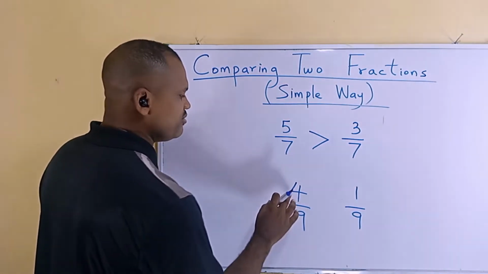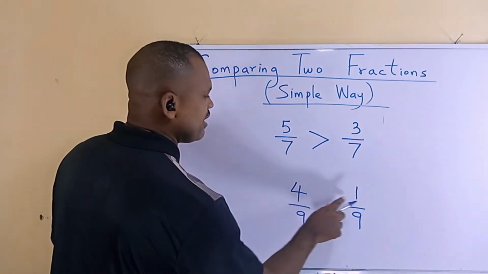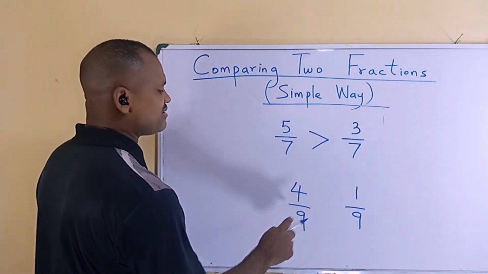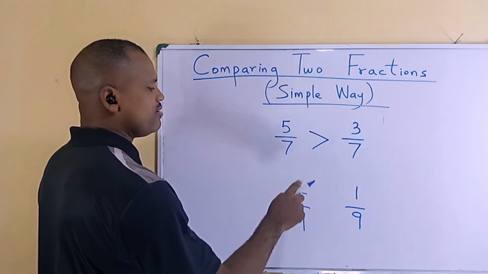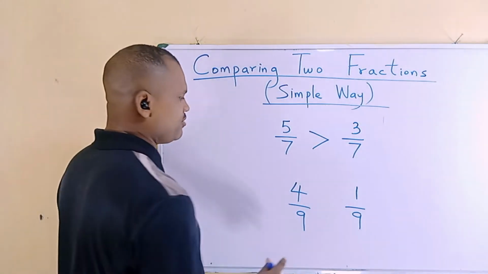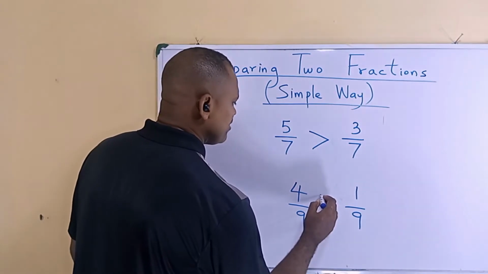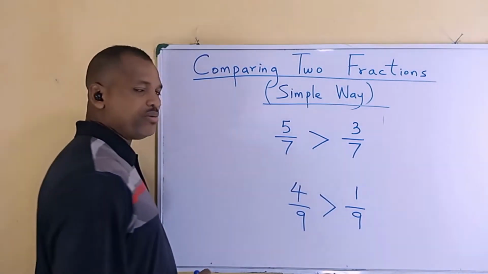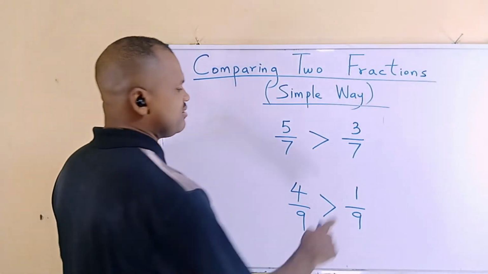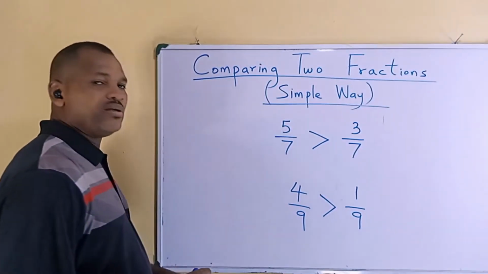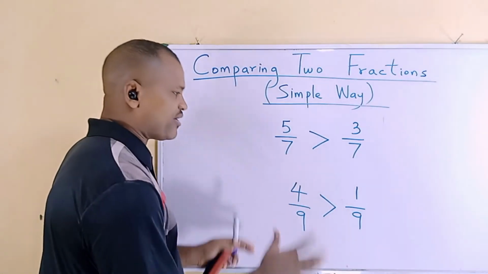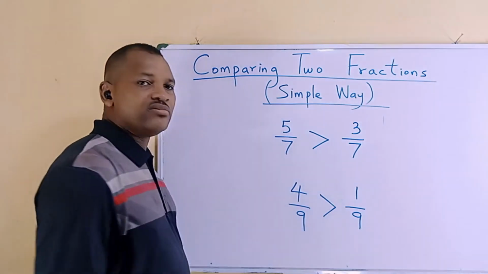Your eye should be on the top numbers, 4 and 1. The fraction that has the bigger top number is the bigger fraction. So again, 4/9 is bigger than 1/9. This applies for fractions with the same denominator.